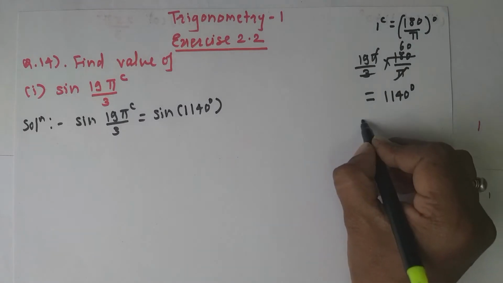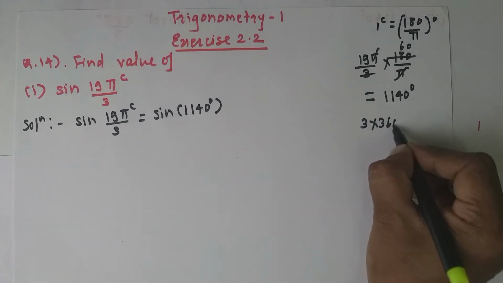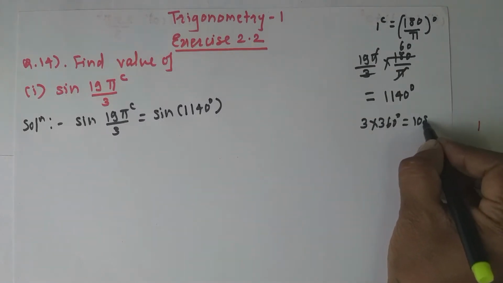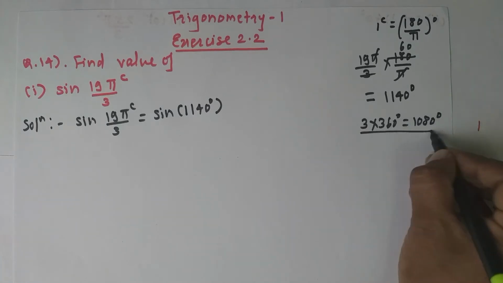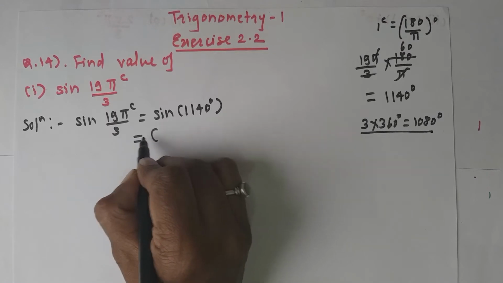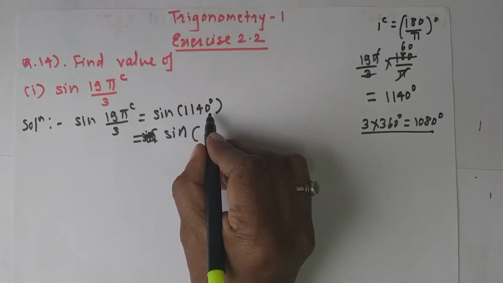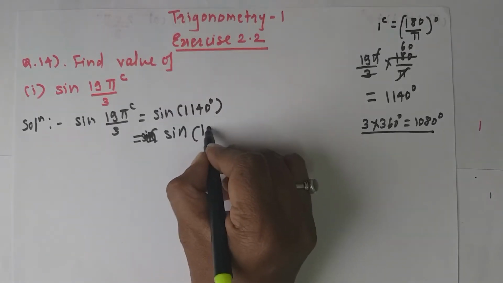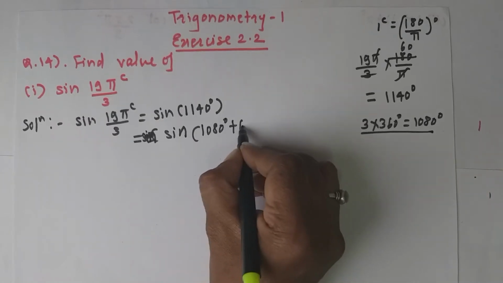Now we know that 3 times 360 degrees means 1080 degrees. We have seen this in our previous lecture. Now sine 1140 degrees can be written as 1080 degrees plus 60 degrees.